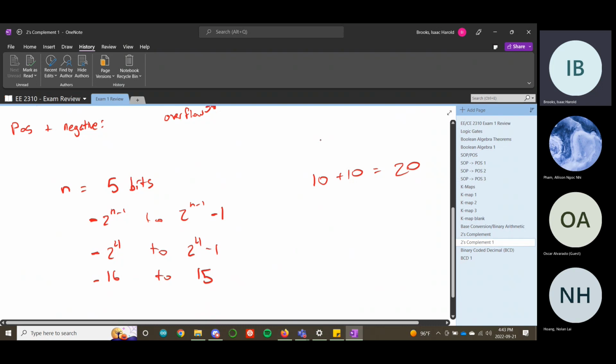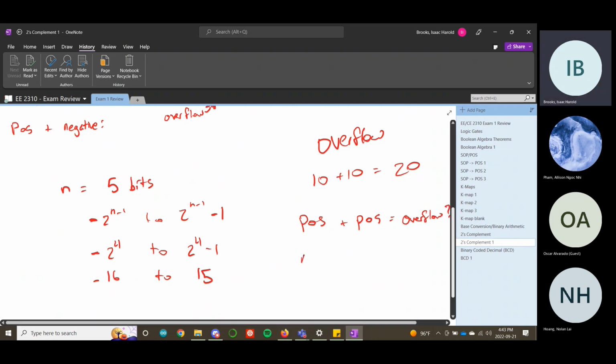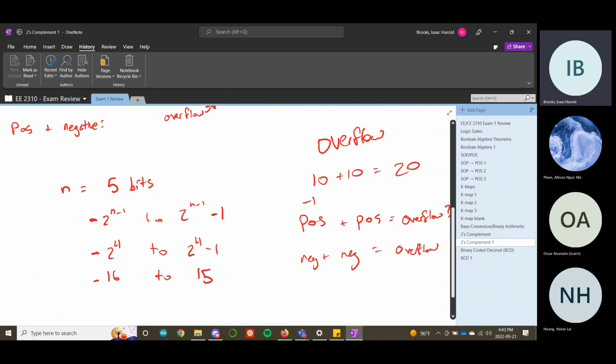So this would be an overflow, right? And this is what Allison was saying. If you have a positive number and a positive number, you may get overflow. Negative plus negative, also overflow. You could think of negative 10 plus negative 10 would not be negative 20 because we cannot represent negative 20.